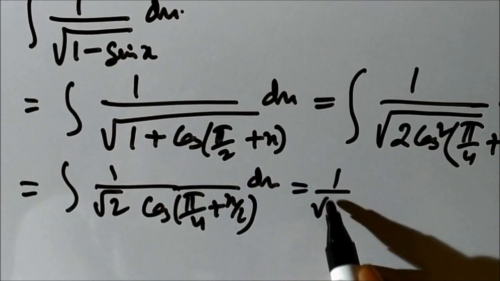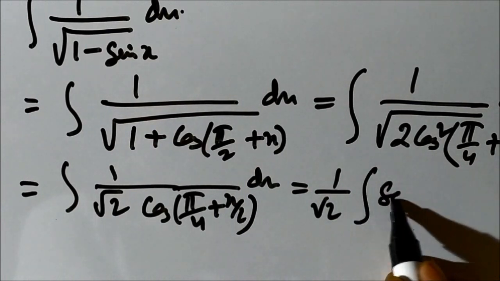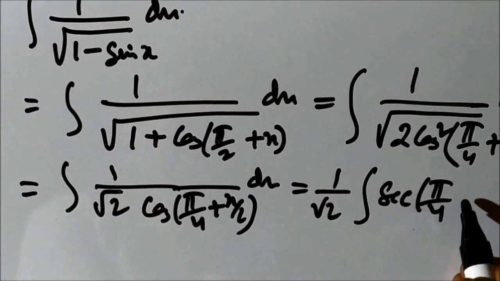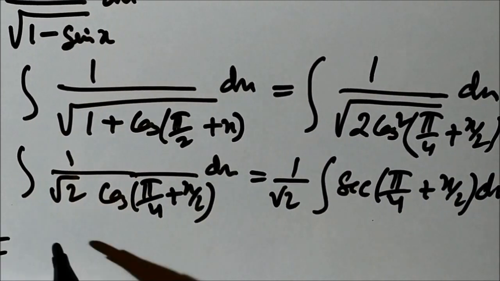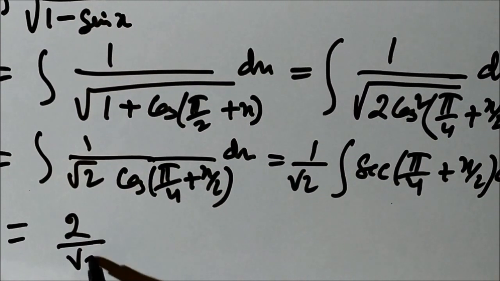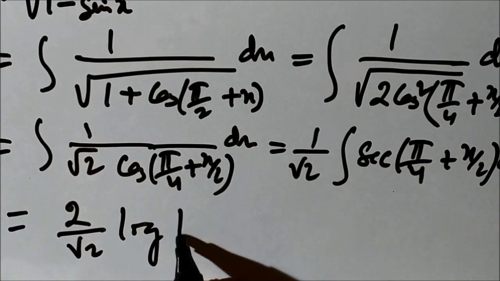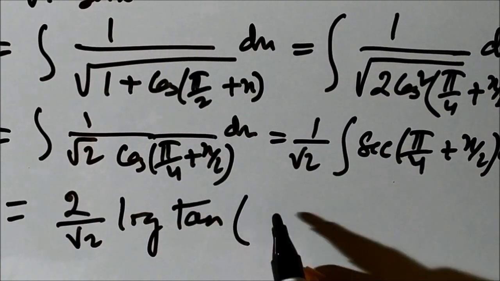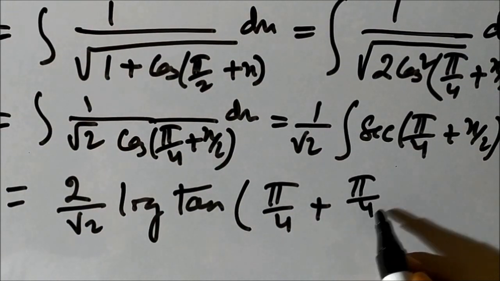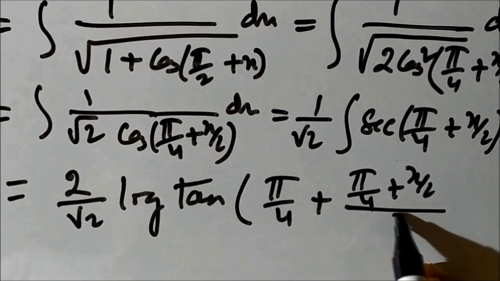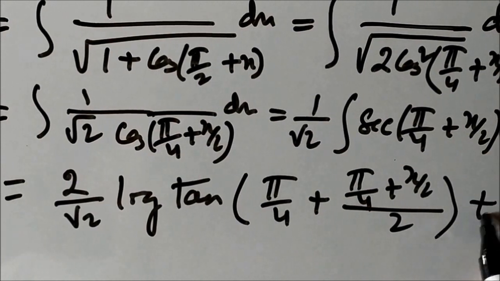This equals 1 by root 2 the integral of sec (pi by 4 plus x by 2) dx. This is equal to 2 by root 2 log tan (pi by 4 plus (pi by 4 plus x by 2) by 2) plus c.